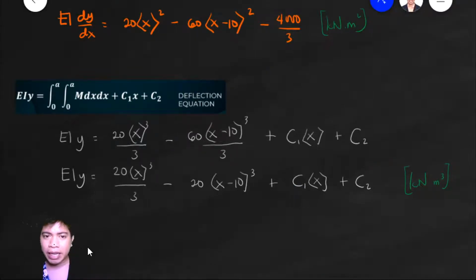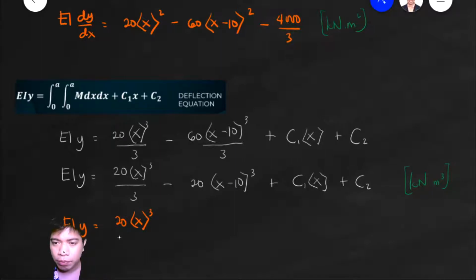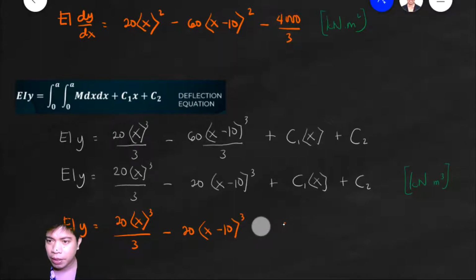Okay, so dito naman tayo guys sa ating deflection equation. I-rewrite lamang natin siya. So ang mangyayari sa ating deflection equation will be EI y is equals to 20 x cube divided by 3, then minus 20 x minus 10 cube, then plus C1 natin is negative 4,000 over 3, so this will be equal to minus 4,000 over 3 x.